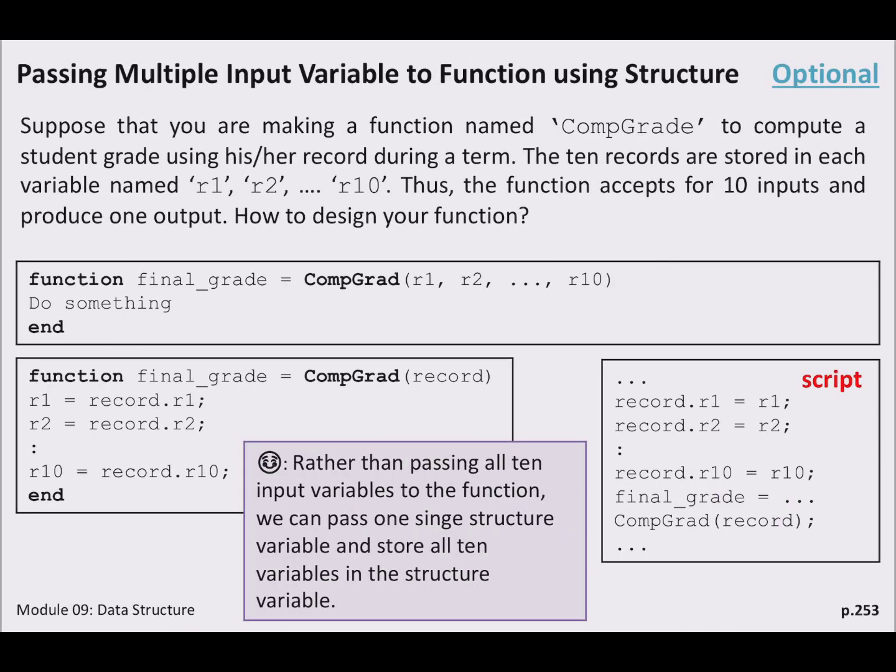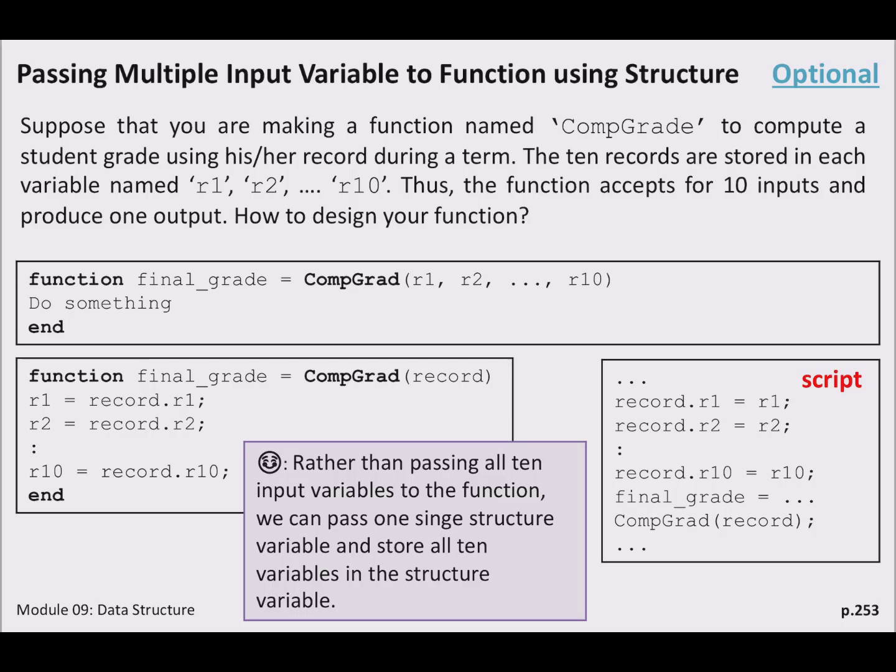Before I close these lectures, I will show another usage of the structure variable. As mentioned earlier, a structure variable is to group or bind many variables as one structure variable, one group. It's like a grouping. Here's the situation where the structure variable is useful.